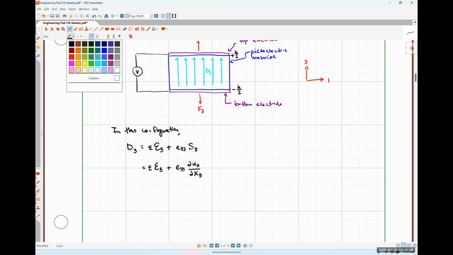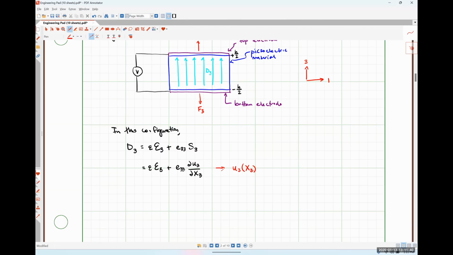And I'm going to make a note out here to the side because I understand that things are getting utterly ridiculous. Sorry, that should not be a mu, it should just be a U. U3 as a function of X3 is the material's displacement in the 3 direction at a location X3.